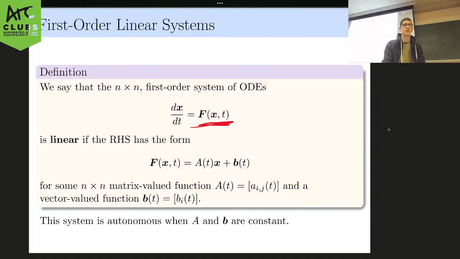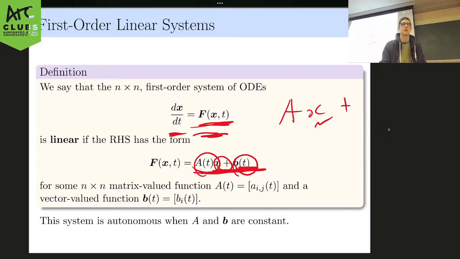So here we have the linear first order systems where the derivative is equal to some vector field, where specifically it's written in this form: some matrix multiplied by our position plus some vector b, which is dependent on time maybe. Most of the examples we'll look at in this course are where we just have a constant matrix A multiplied by x, and sometimes we have the inhomogeneous b of t.